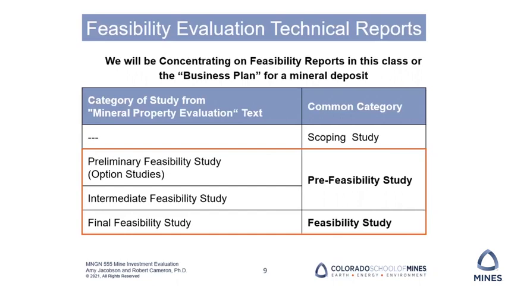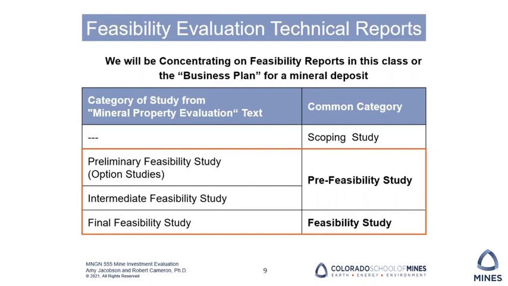And as you can see in the red box, this is the context in which Dr. Bullock talks about pre-feasibility studies and feasibility studies. His category of preliminary feasibility studies is really option studies, looking at trade-offs on mine size versus processing plant size versus equipment size, just different ideas of how you could develop the deposit.